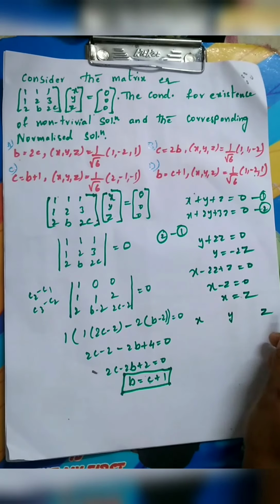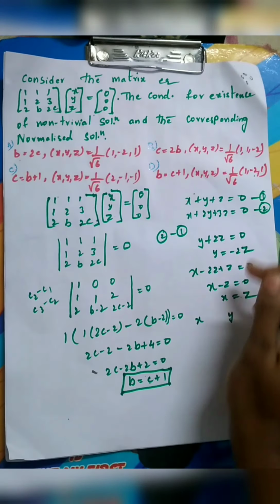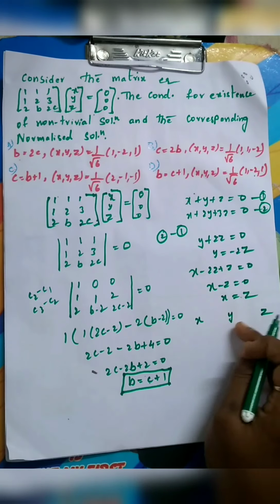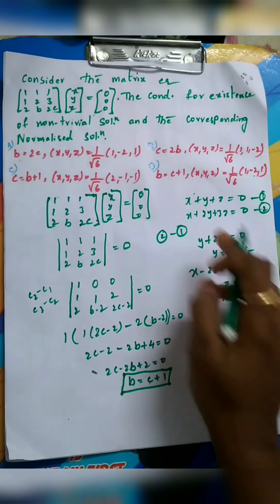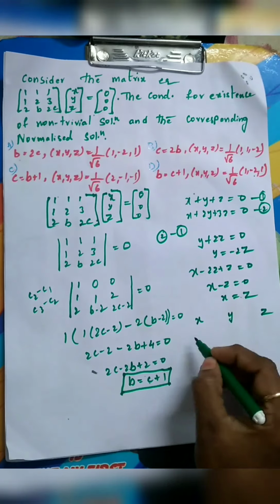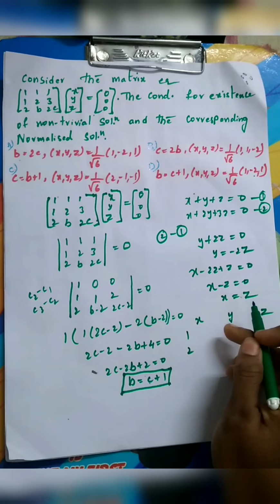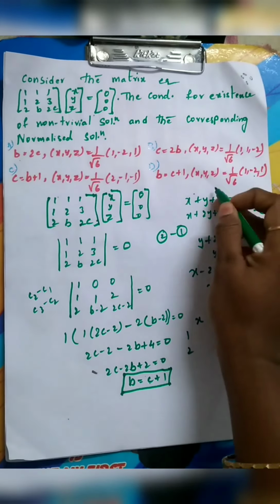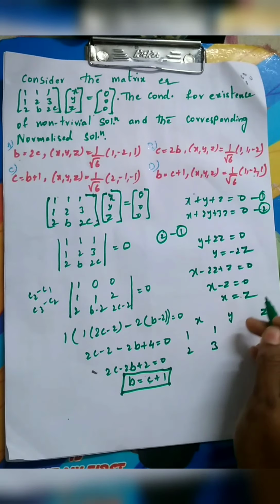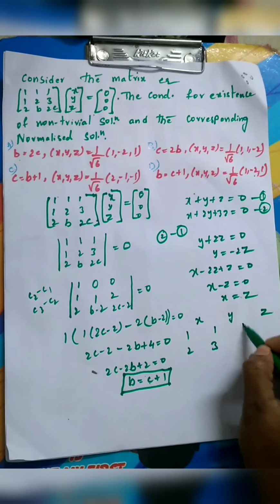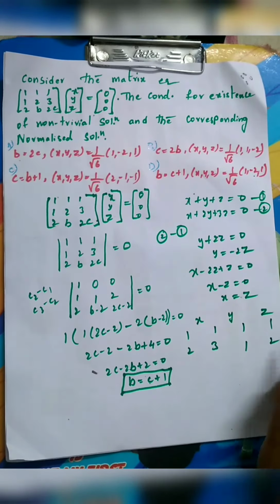X, y, z. I am finding the values of x, y, z in the crisscross method. Taking coefficients of y 1, 2. Coefficients of z 1, 3. Coefficients of x 1, 1. Again 1, 2.